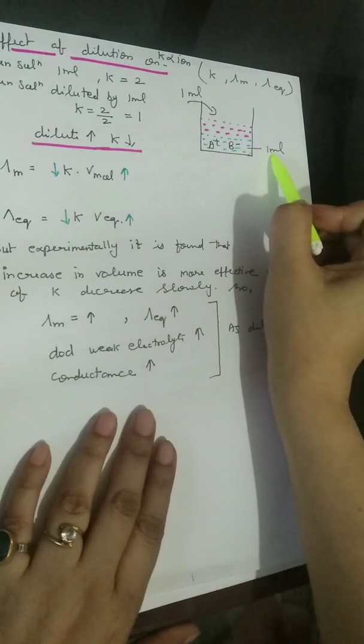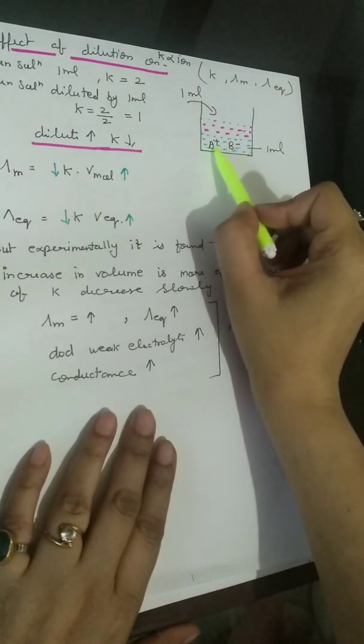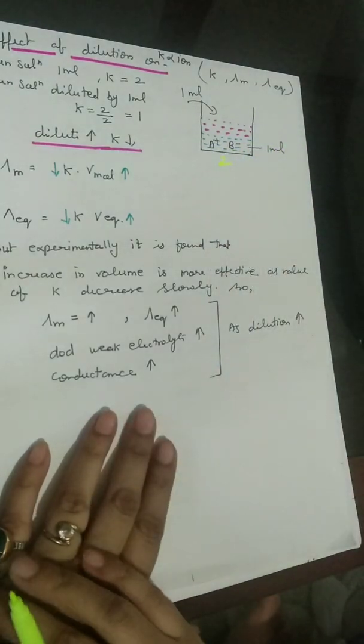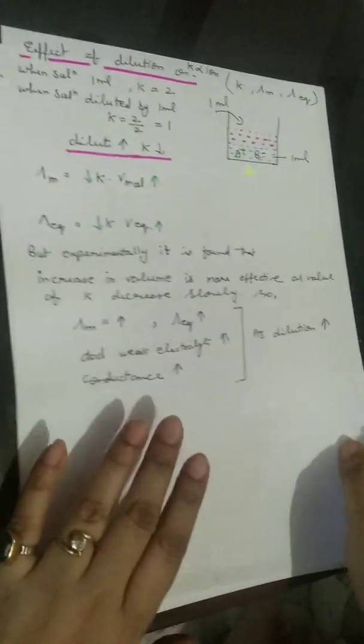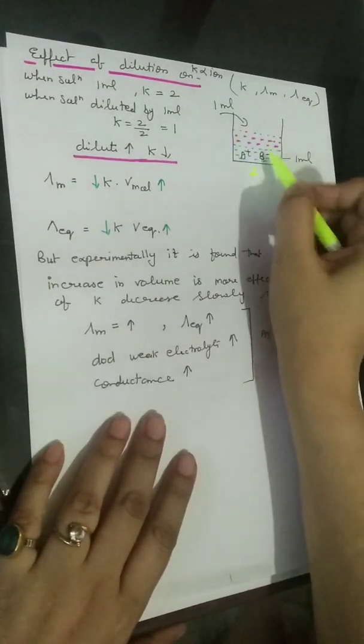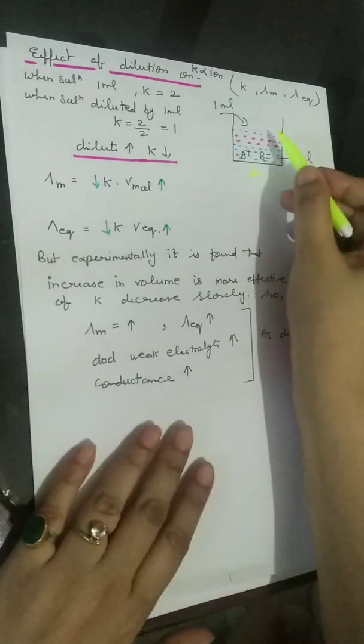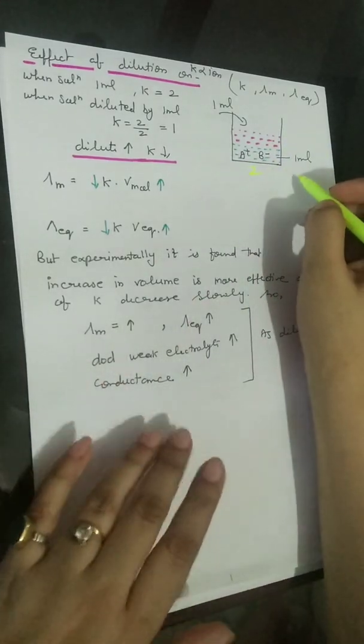So in 1 ml of solution there are 2 ions present. If the solution is diluted by adding 1 ml more, then what will happen?